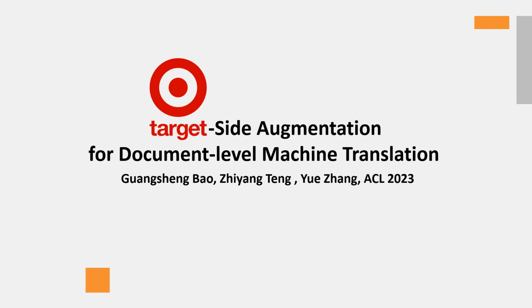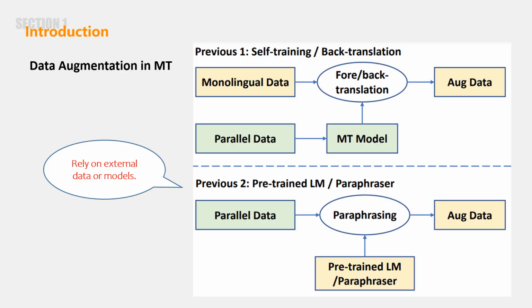Previous data augmentation methods in machine translation mainly focus on source-side augmentation because a synthesized target usually downgrades the autoregressive modeling of the target sequence. Previous methods can mainly be categorized into two types.